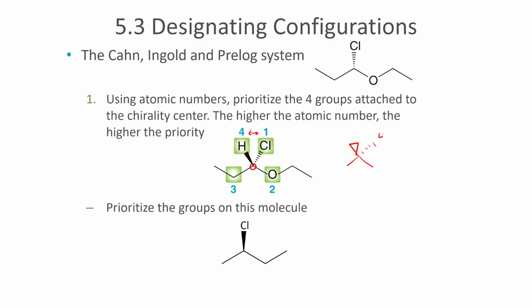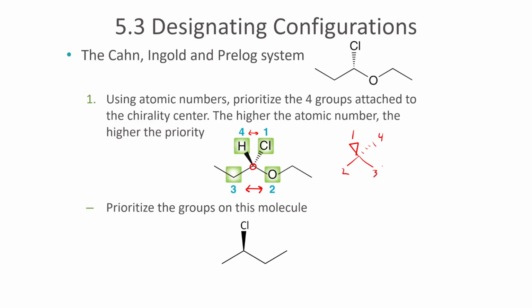So we're going to have the priority 4 position here now on the dash, and the priority 1 position on the wedge. But when you do a switch like this, you're changing R to S or S to R.